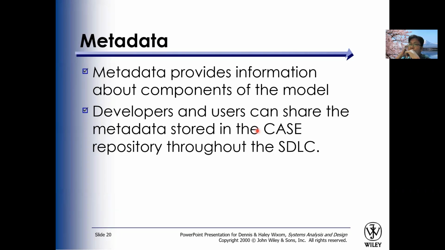So if a new programmer or new analyst comes to President University, they can easily understand the information in the database, because there is metadata, usually the information about the data.